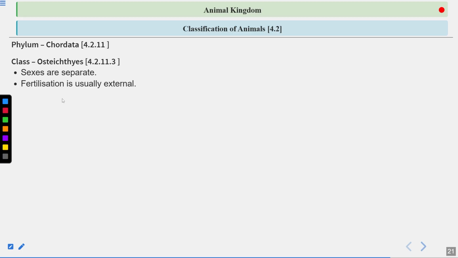Now see, this is the difference. The male pelvic fins there had claspers, but here the claspers are not there. And they are oviparous. They are not viviparous, right? Fertilization is usually external, whereas there the fertilization was internal. They are mostly oviparous. Development is direct. No larval stage is there.